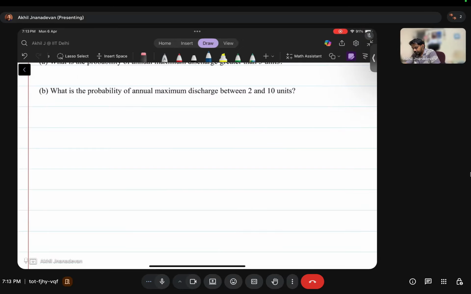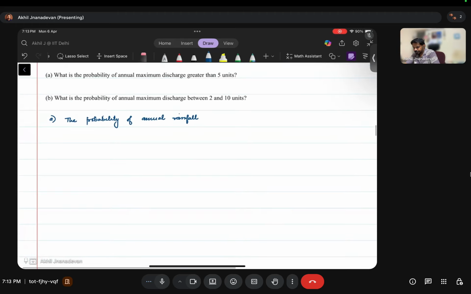So the A part is the probability of annual, sorry, not rainfall, annual discharge greater than 5 units, right? So that will be P of x greater than 5.